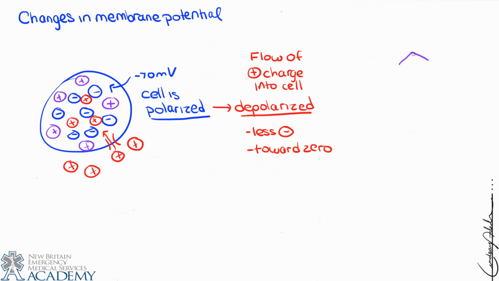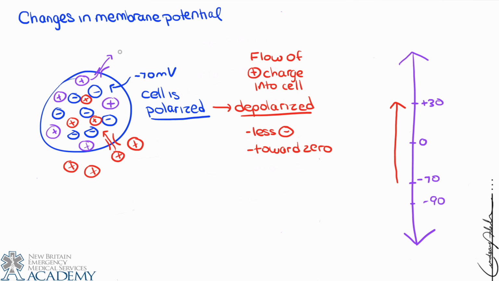If we represent this on a graph, our starting point is at minus 70 millivolts, and we're moving in the upward direction towards the positive charge. Anything towards zero is considered depolarization. It certainly can exceed zero, and it's still depolarization.